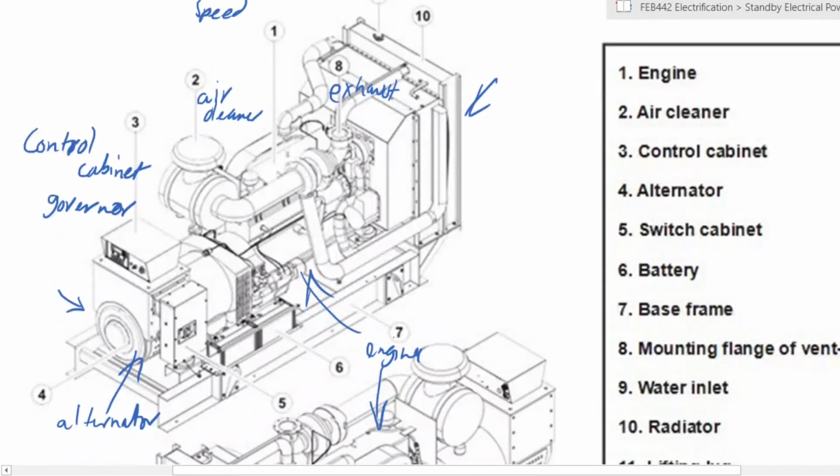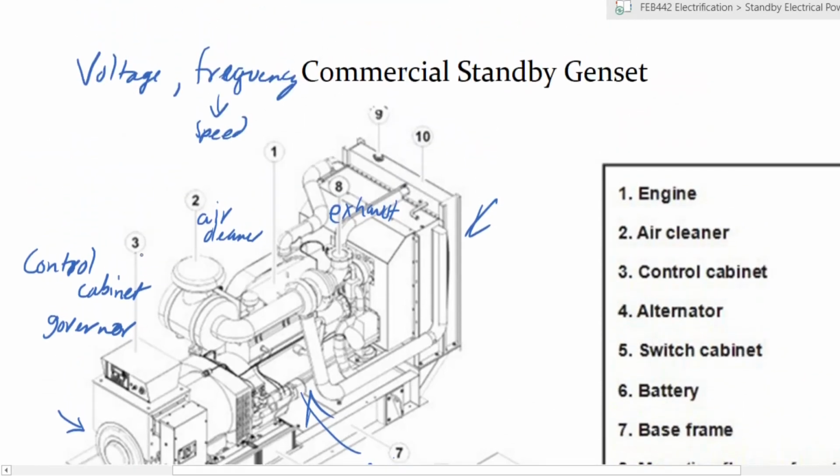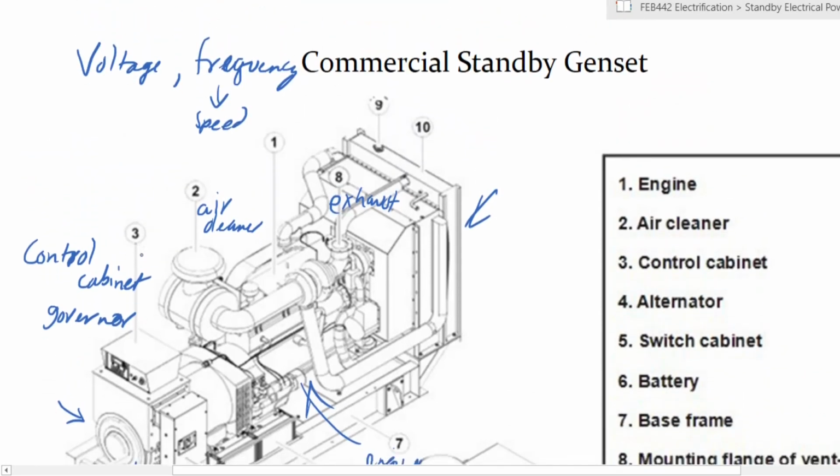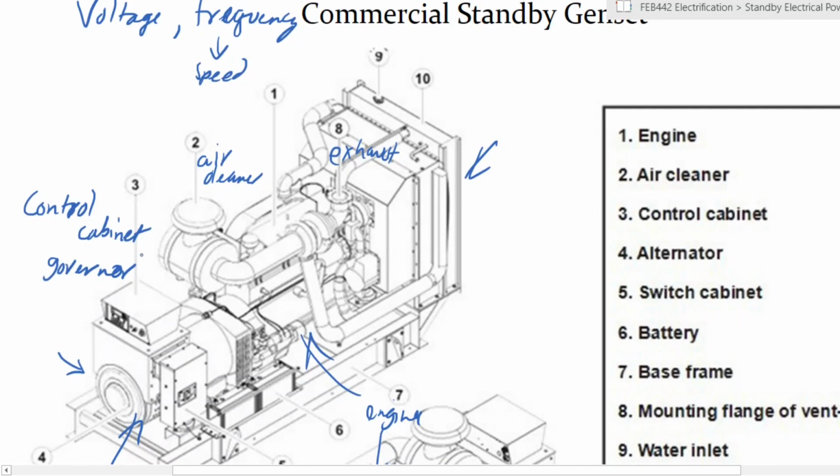So when we talk of the governor, it has to maintain both the amount of power that is being supplied, and also the speed at which the generator runs. It must run at a constant speed. So there is constant adjustment of the parameters of the generator, both in fuel and so forth, to ensure that you are supplying the amount of power that is required, as it is required, and when it is required, right?